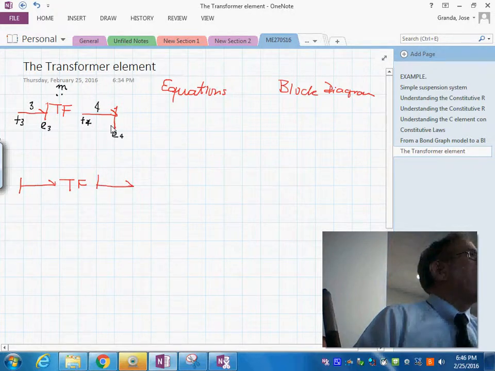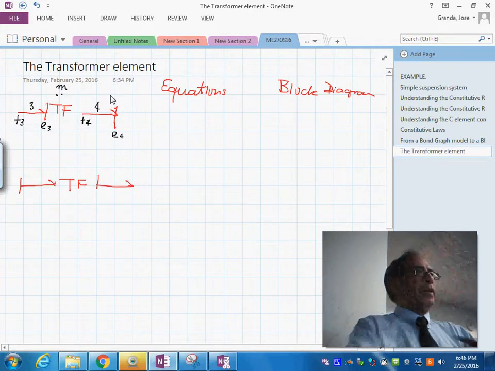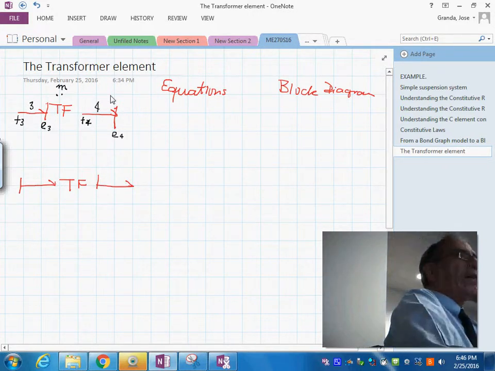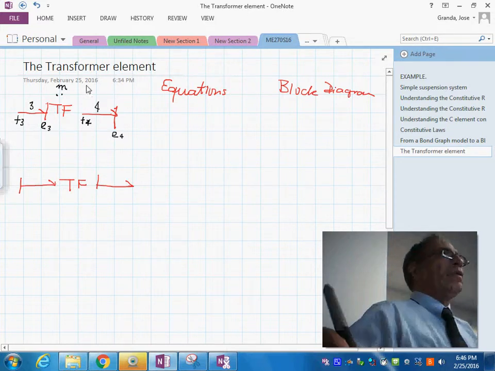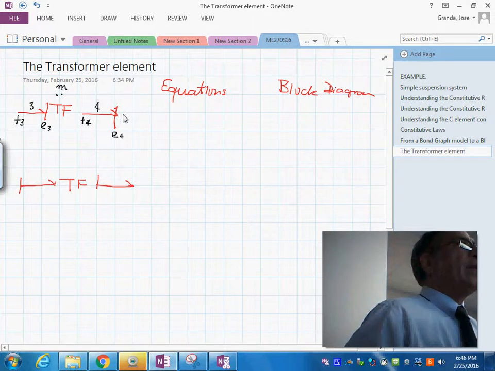Now, what am I saying? It's E3 times M is E4. So that's what we need to write down. The input times M equals E4. So we have that E sub 3 times M is equal to E sub 4.